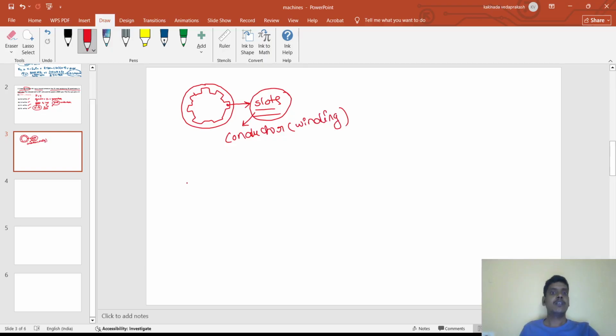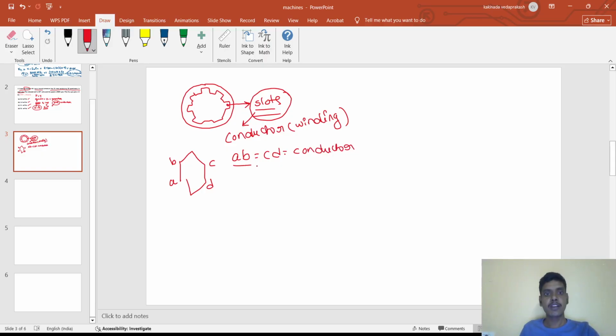Now, this is my single turn coil, A, B, C, D. This is a single turn coil because we have a single turn from A to D. Here AB and CD are conductors.